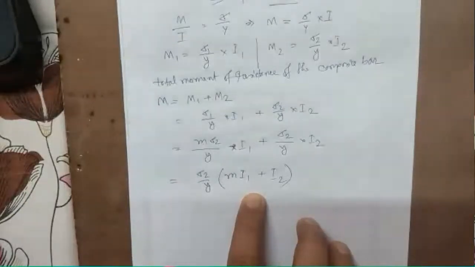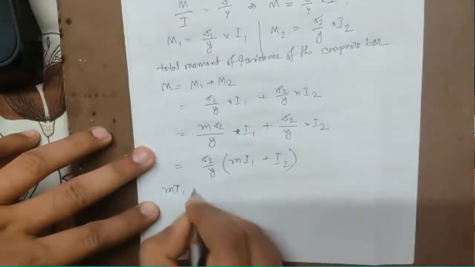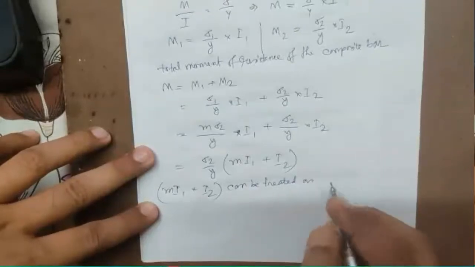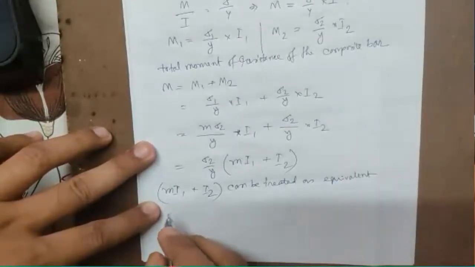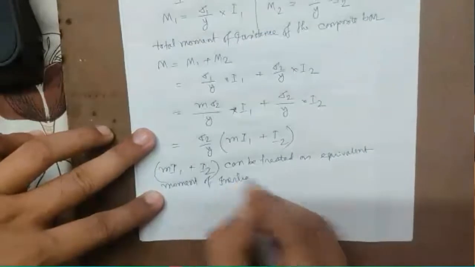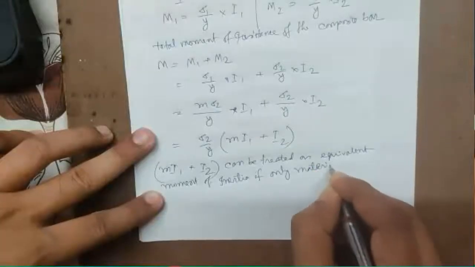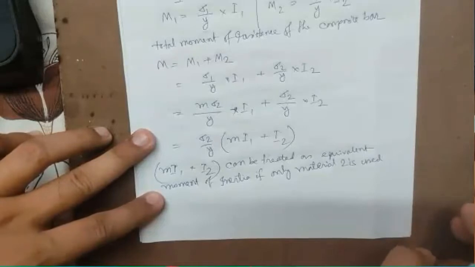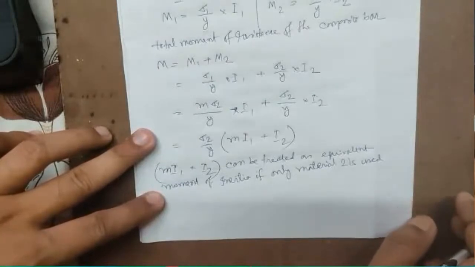So with this equation, this term m into I1 plus I2 can be treated as equivalent moment of inertia if only material 2 is used, which will give the same amount of moment of resistance as the composite beam.